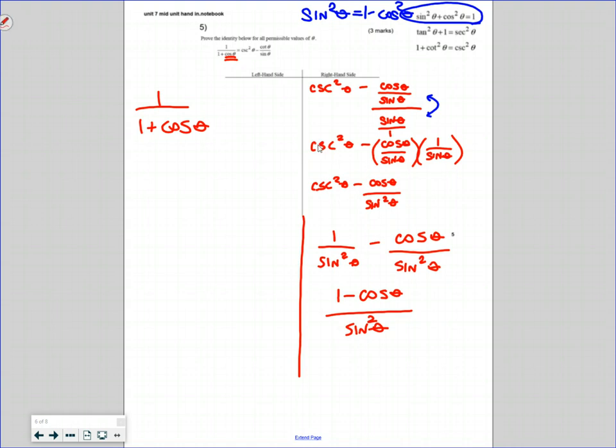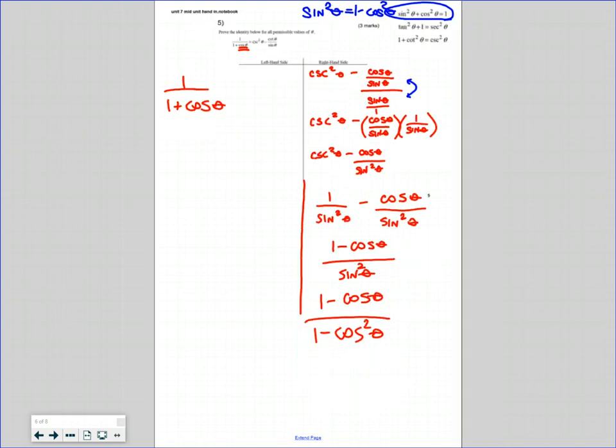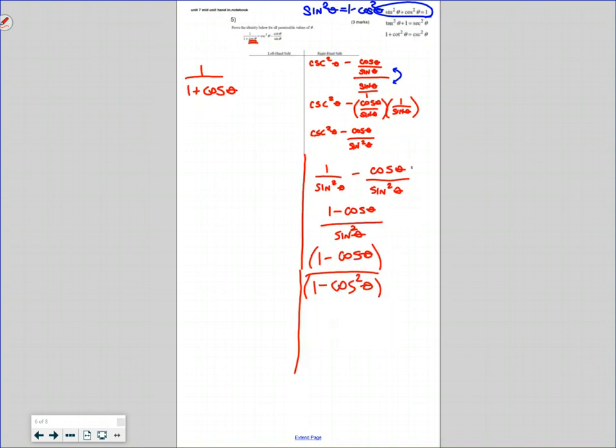Now that's going to prove efficient because now I've got sine squared theta as 1 minus cos squared theta. That's where I'm at. Now how do I get from here to the left-hand side, 1 plus cos theta? Isn't this suggesting that maybe a factor of 1 minus cos theta will need to cancel? And in the denominator, do you notice this is the difference of squares?